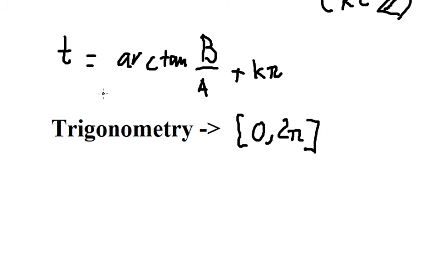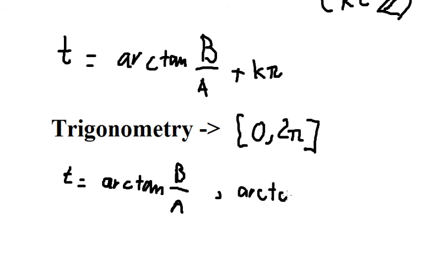Now we need to find the value of t belonging to this interval. So we have only t equals arctan of b over a, when k equals number 0, and arctan of b over a plus π.